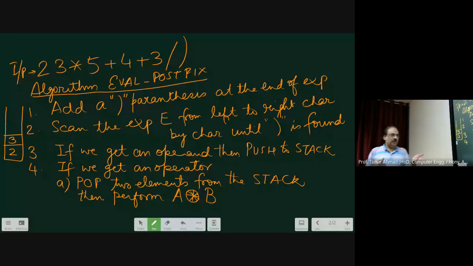Therefore, when I pop 3 out, this will act as B. When I pop the next one out, sorry, 2 will become A.